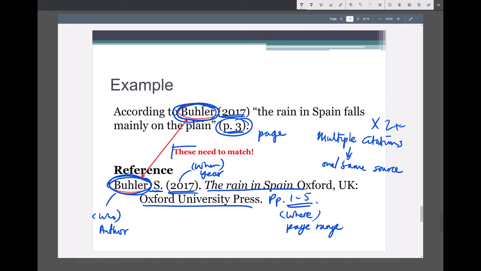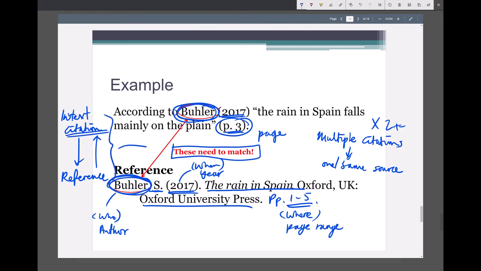So that's why they need to match. Each source in your references must match at least one in-text citation. So they need to match.